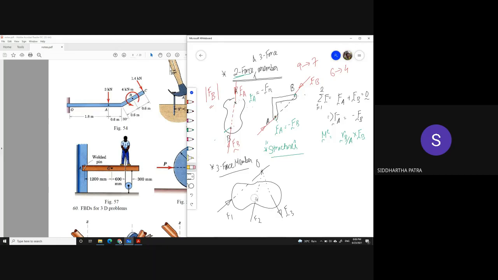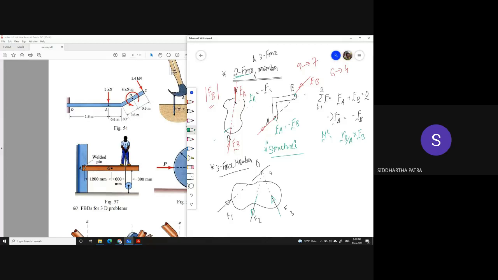And actually, this representation is wrong. I mean, you can already figure this out, but you don't have to bother about that while drawing the free body diagram. It's only after solving that you get the signs, and then you know which one is facing which way.